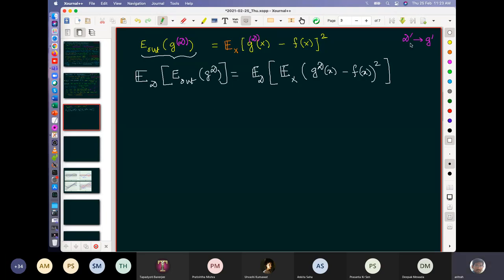Okay. So now, just for the mathematical jugglery, look at these terms. Since the inside term is a square term, it's a positive term. So I can turn this in a reverse way also, because it's a positive term. It doesn't matter the way I write it. People in statistics will agree with me.